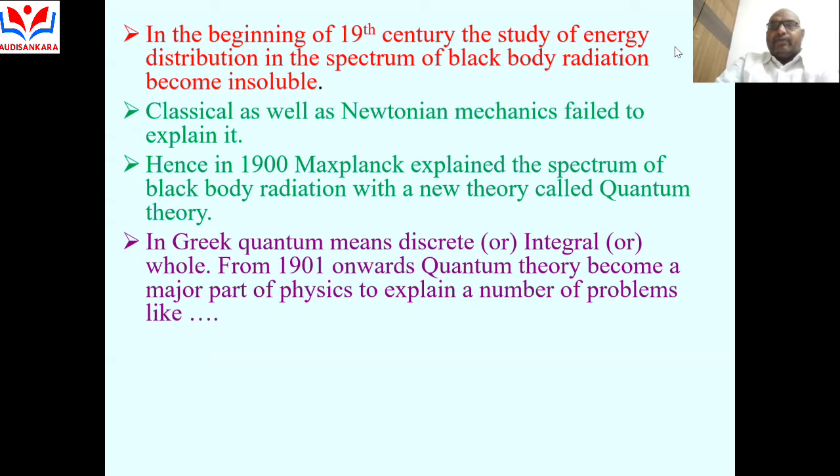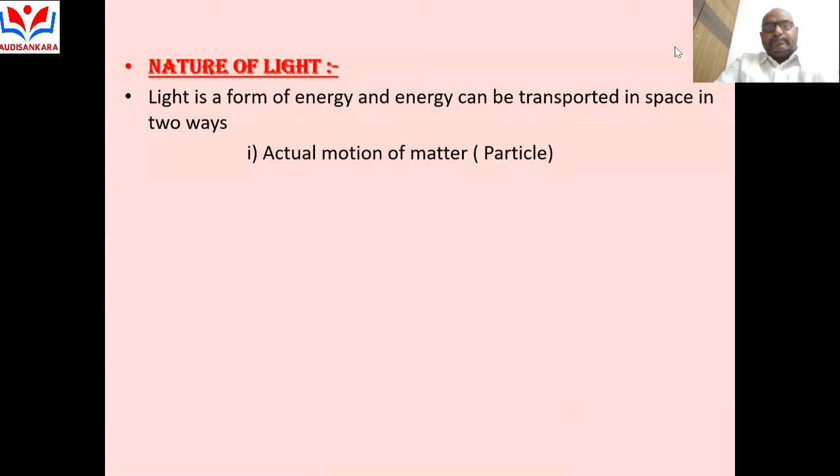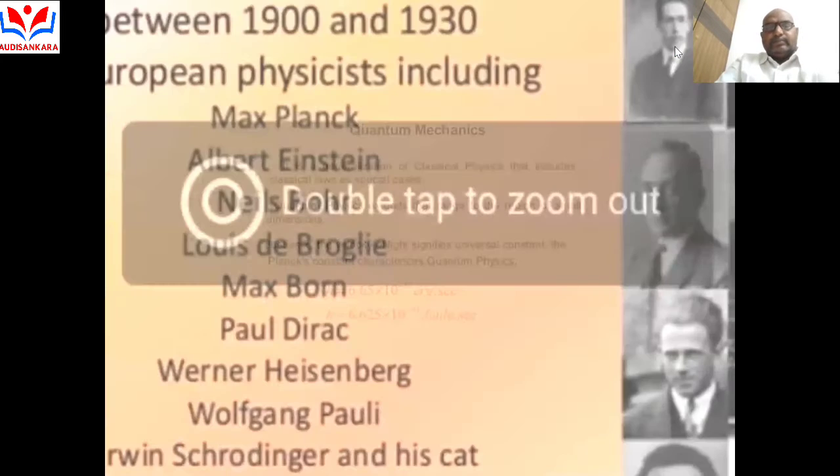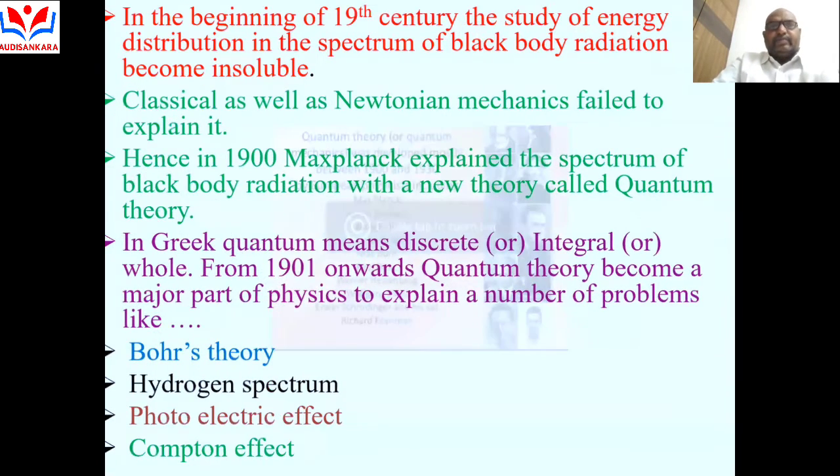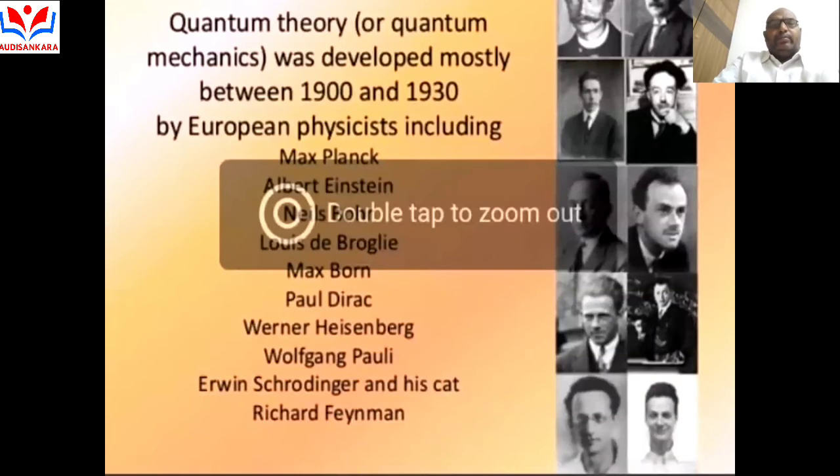From 1901 onwards, quantum theory became a major part of physics to explain a number of problems like Bohr's theory, hydrogen atom, hydrogen spectrum, photoelectric effect, and Compton effect.